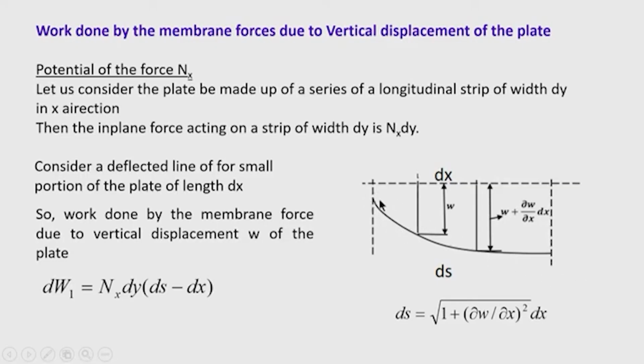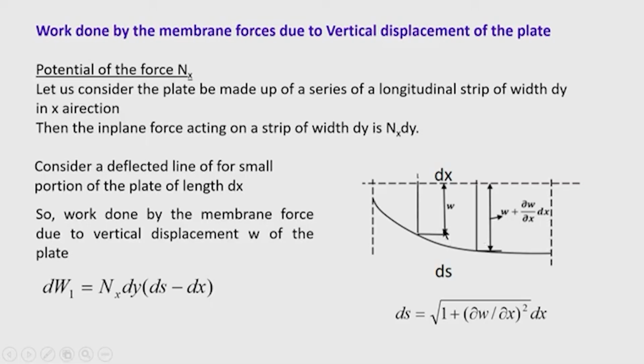So, this shows the deflected surface in the x direction, and the length of the element in the x direction is dx. If w is the deflection here, at the end of the element the deflection will be w plus an increment.